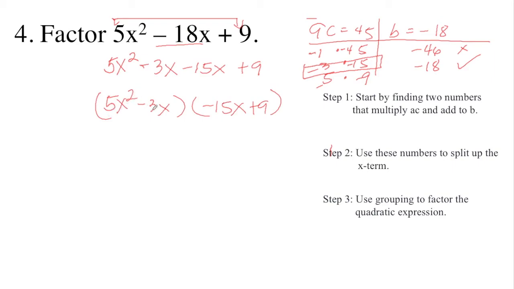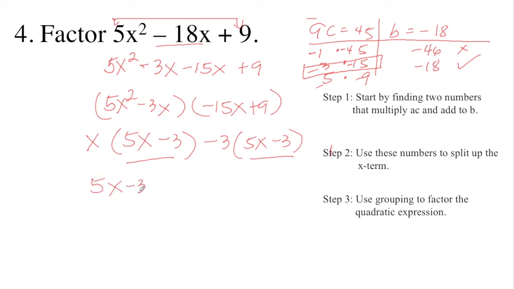GCF of 5x squared minus 3x is x, and this is 5x minus 3. GCF is negative 3, so this will be 5x minus 3. And therefore, factor out the common term, 5x minus 3 times x minus 3.